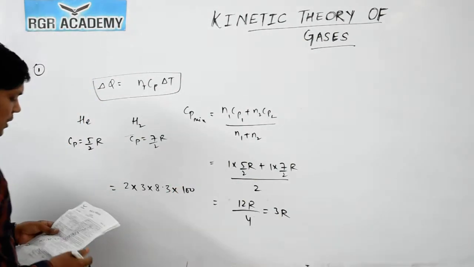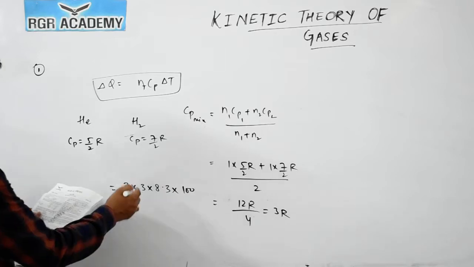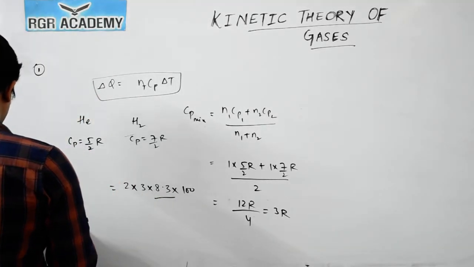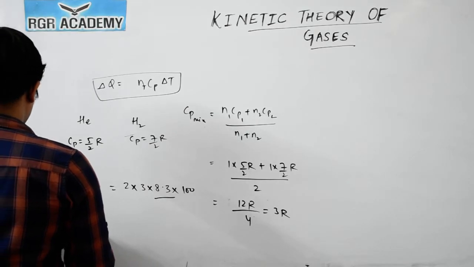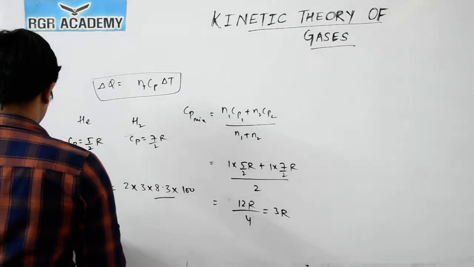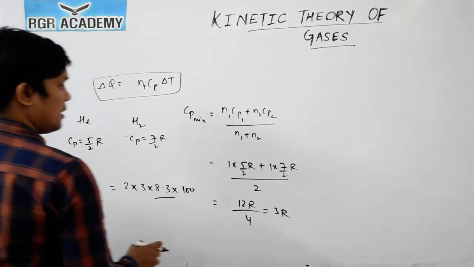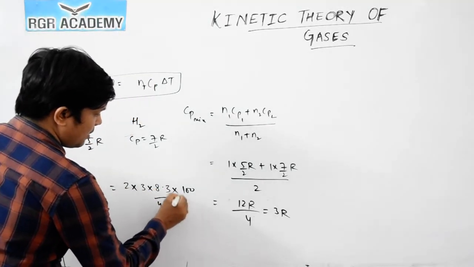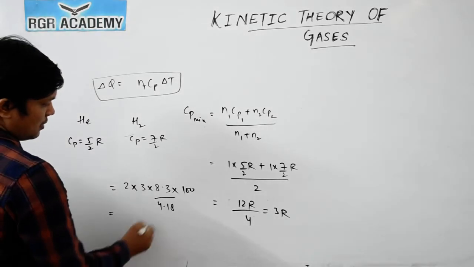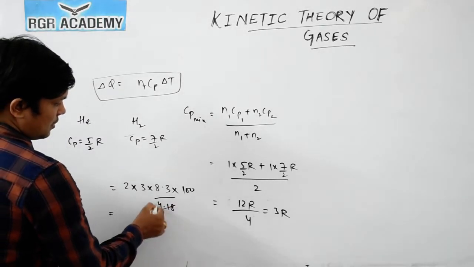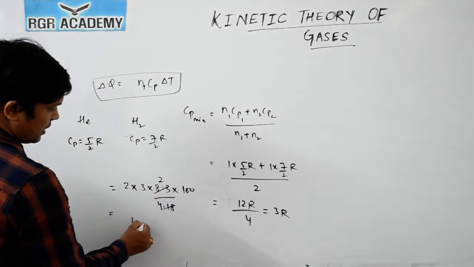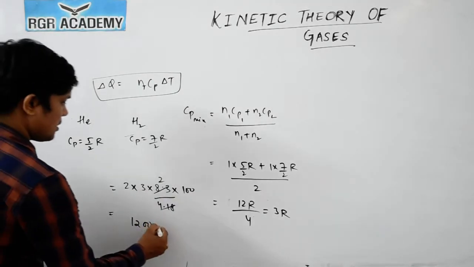Actually this is in joules, so we have to convert this into calories because the answers are given in calories. So it will be 3 into 8.3 divided by 4.18. If you solve this, it will be approximately 2, so 6 into 200, which is 1200 calories.